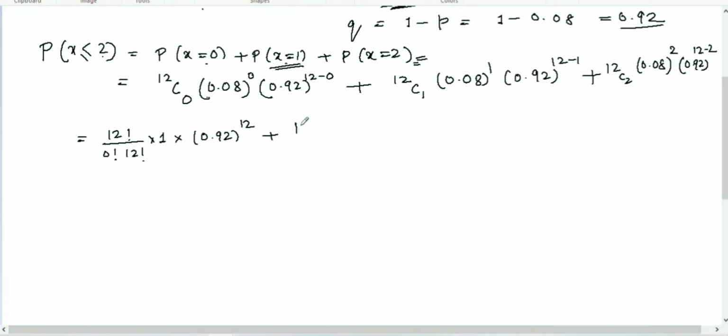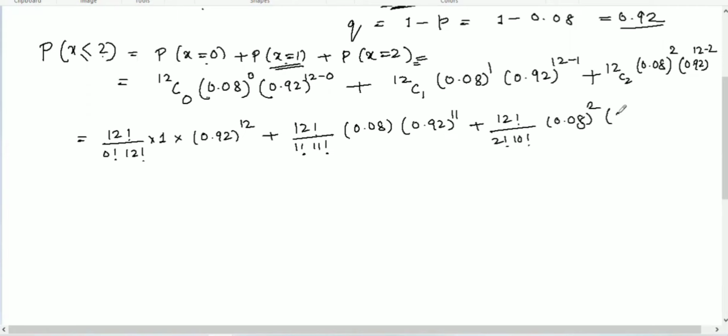Plus 12C1: 12 factorial over 1 factorial and 11 factorial, 0.08 to the power 1 and 0.92 to the power 11, plus 12 factorial over 2 factorial and 10 factorial, 0.08 to the power 2 and 0.92 to the power 10.